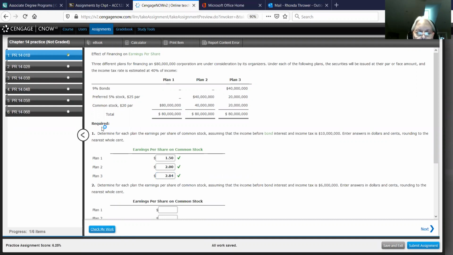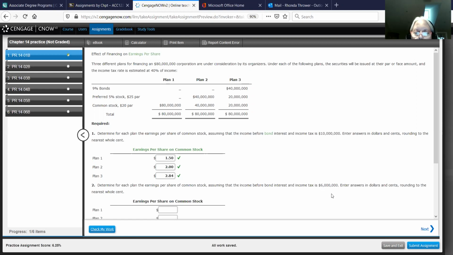In requirement number 2, they want you to determine for each of the plans, the same plans that we were using before, but this time we're going to assume that the income before bond interest and income tax is $6 million. So we're really doing this the very same way, except we're not starting with 10 million.